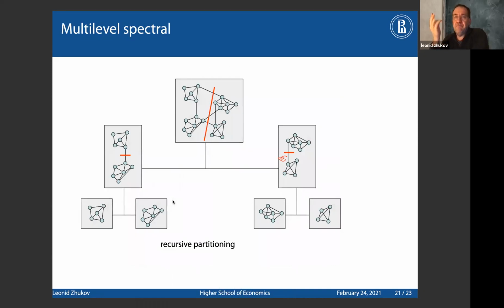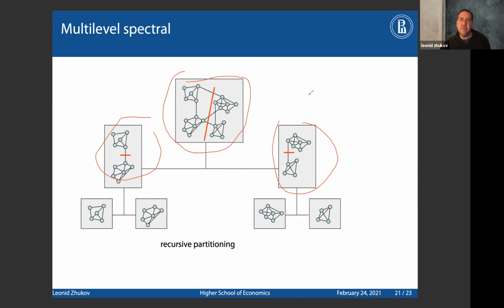This was a cut into two pieces, a two-way cut. Now, if I want to cut into multiple subgraphs, I can do the traditional divide and conquer approach, where we take the graph, split it into two pieces, and then work separately with the left side and separately with the right side.